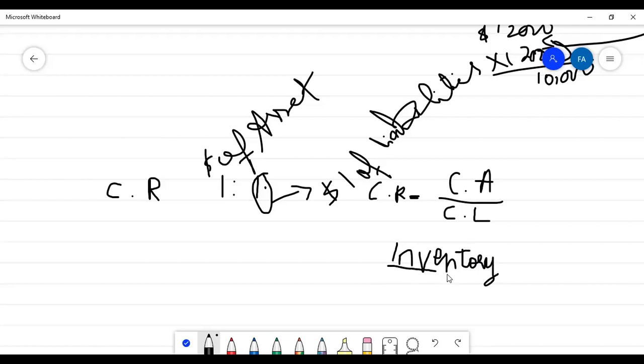Do you think you can sell your inventory overnight? No, you cannot. There's a limitation. Do you think you can convert your accounts receivable into cash overnight? No, that also takes time. Do you think you can convert your cash in bank into cash in hand overnight?